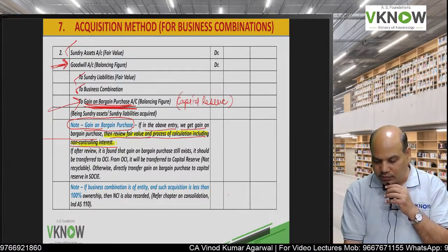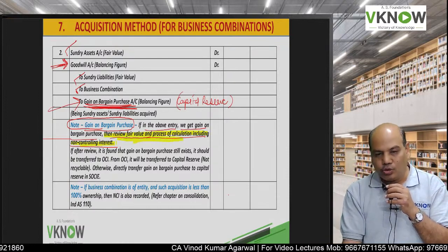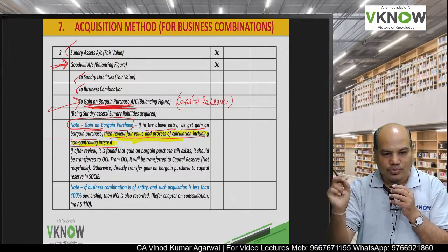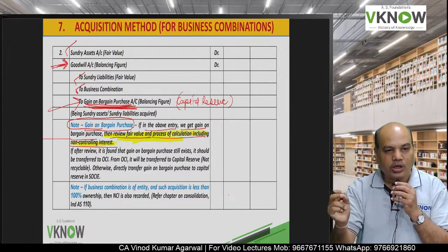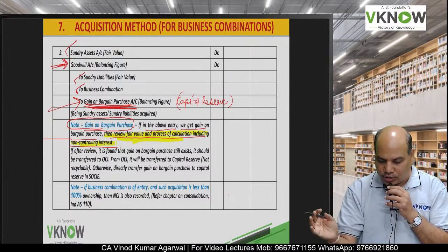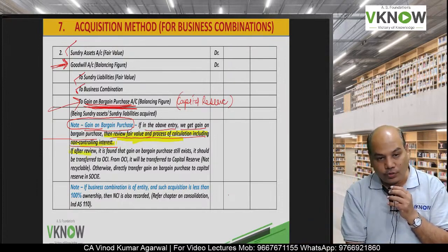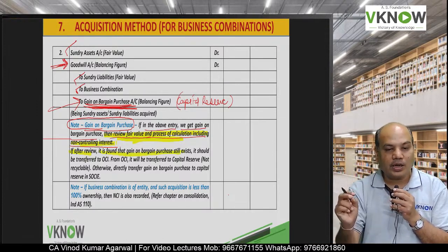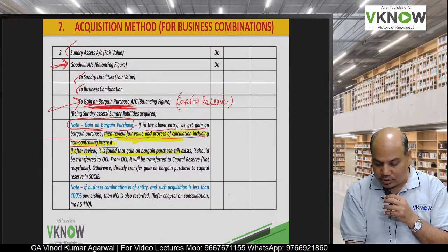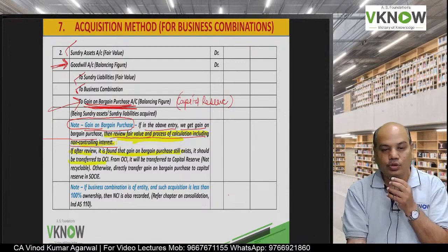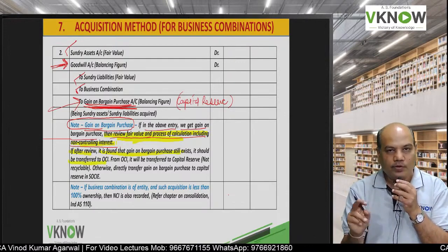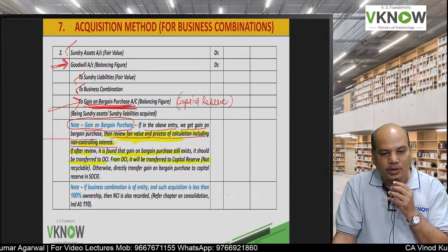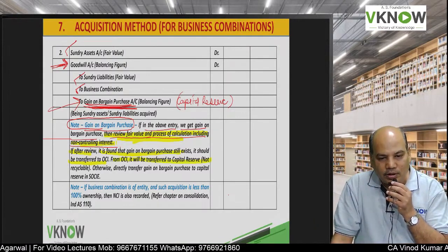So in that case the standard says you again check whether all the process that was used to calculate the fair value and the non-controlling interest are correct or not. If after your review you find that the condition of gain on bargain purchase still exists, then it should be first transferred to OCI, and from OCI it will be transferred to capital reserve.